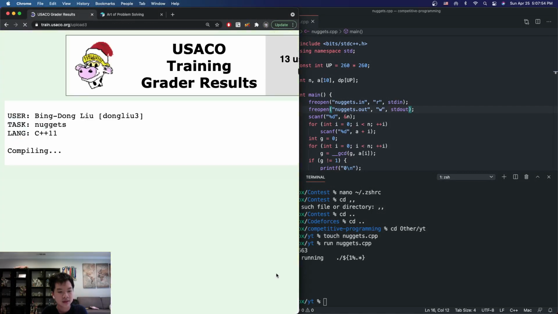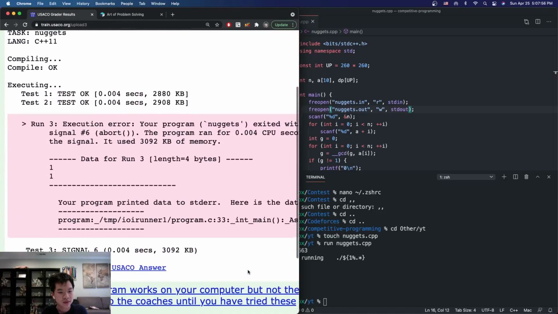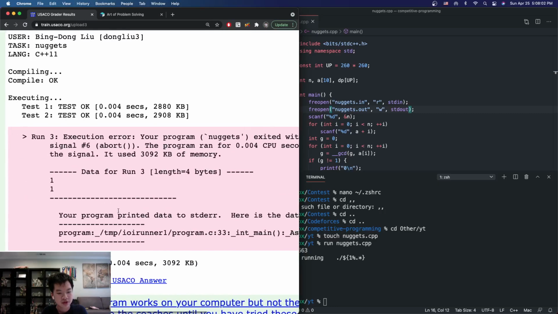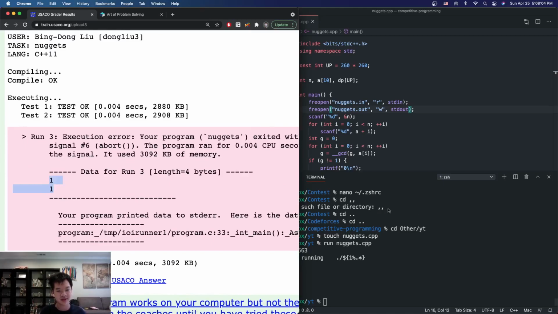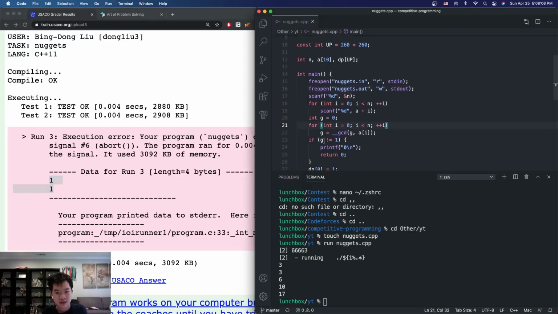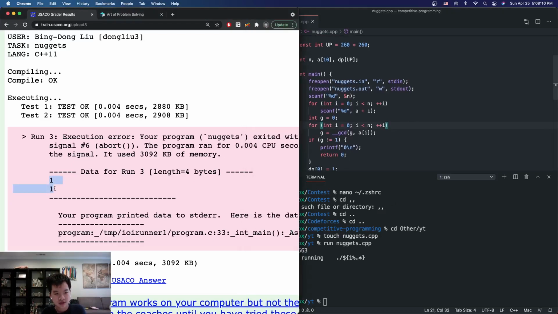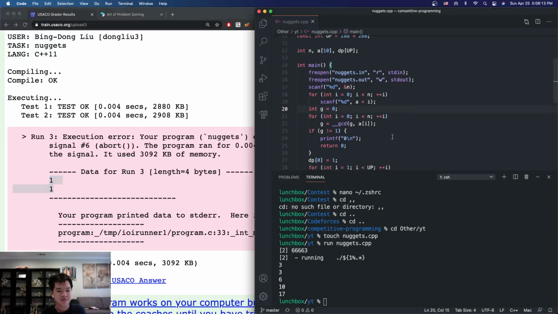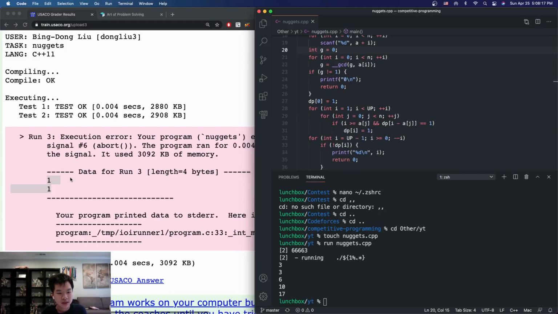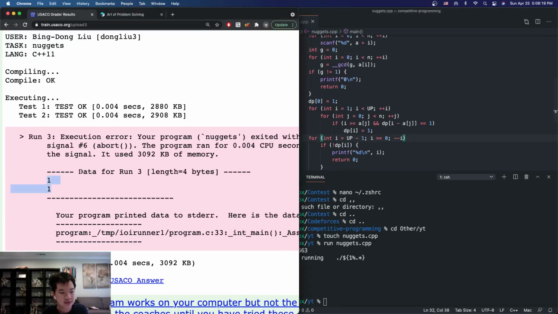Ooh, okay. So assertion 0. Over here we get that the GCD is equal to 1, and the element is 1. Okay, so I kind of see what's going on.